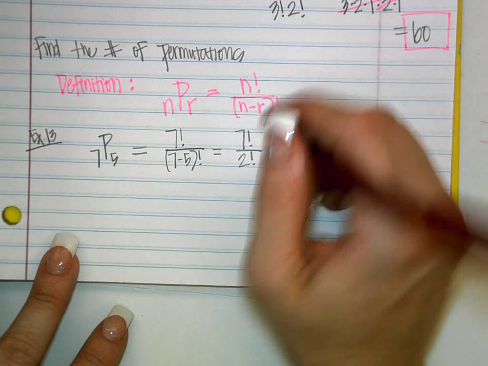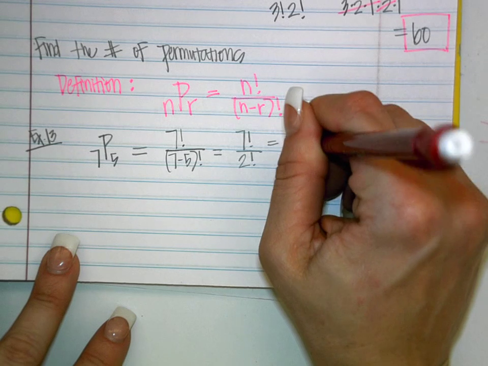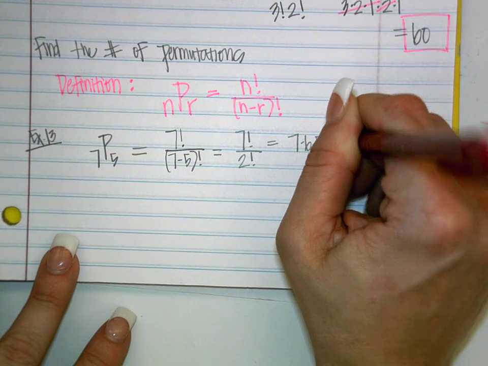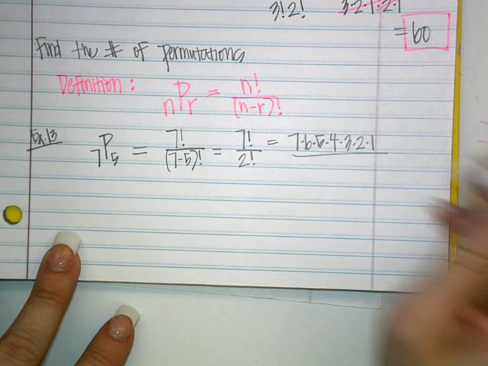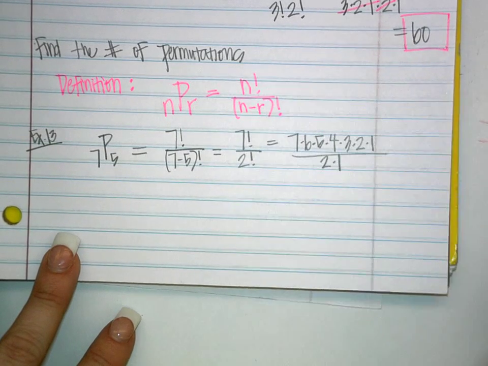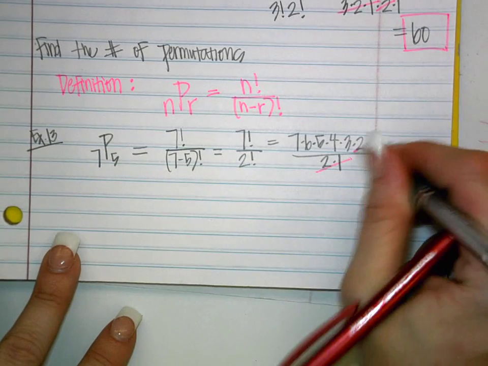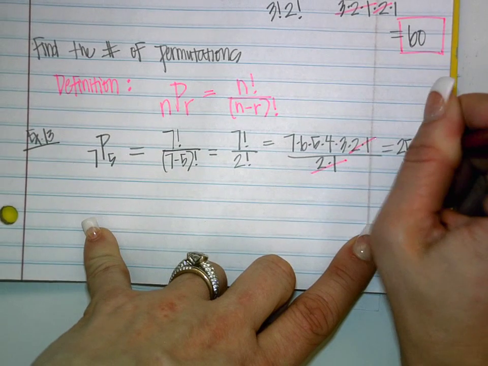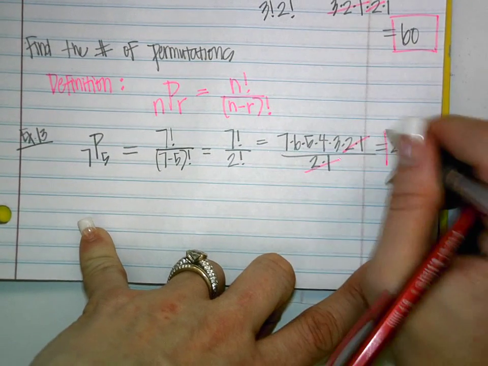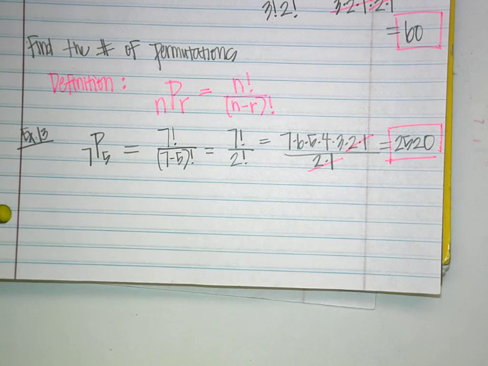Then you multiply 7 and every whole number below it till you get to 1, over 2 and 1. And if you multiply all those numbers together, you get 2,520. Questions on how I did that?